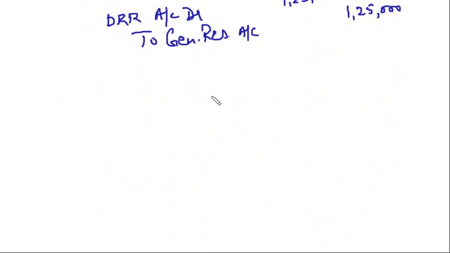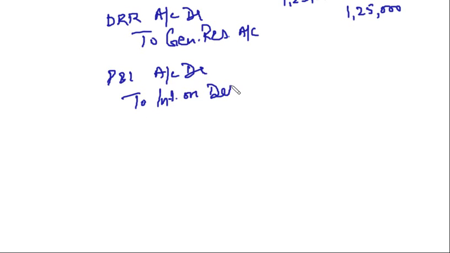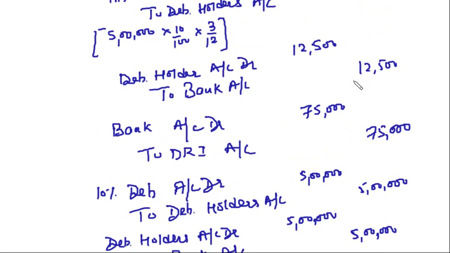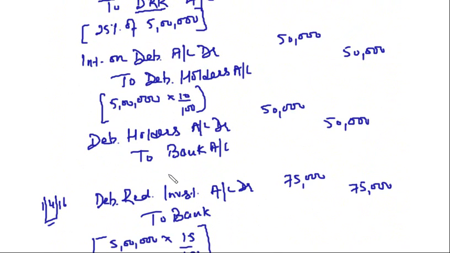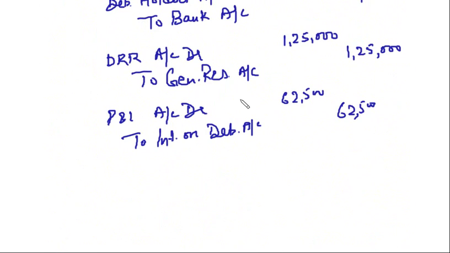You can pass an entry as profit and loss account debit to interest on debentures account as an expense of 62,500. Or you can show separately. Here you can transfer on 31st of March to P&L 50,000. Then here you can transfer 12,500. Right?